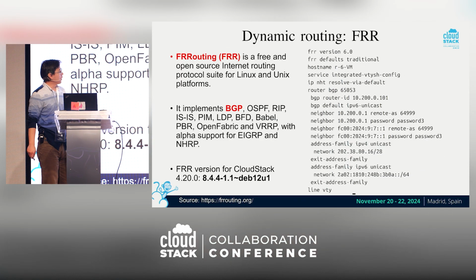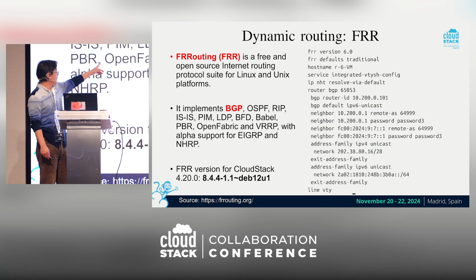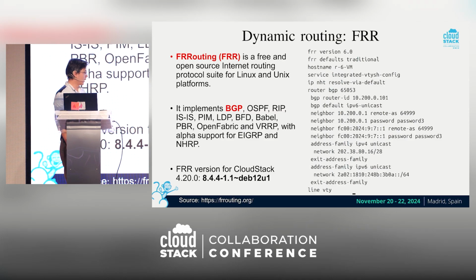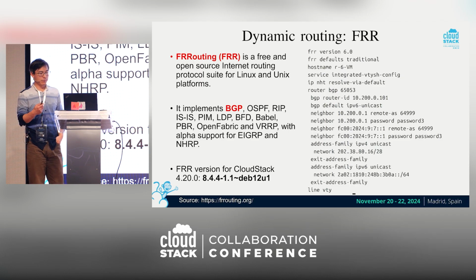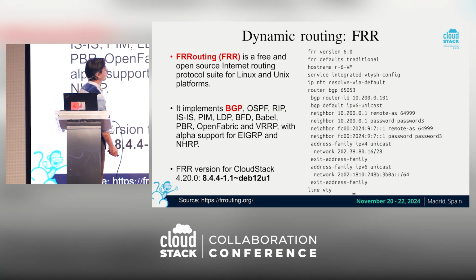For dynamic routing, we use FRR. FRR is open source and very powerful software. It has the BGP implementation and also supports many other protocols. In CloudStack 4.20, the FRR version is 8.4.4, which is not the latest version, but it just works in our testing. On the right side is a very simple FRR configuration in our VR.